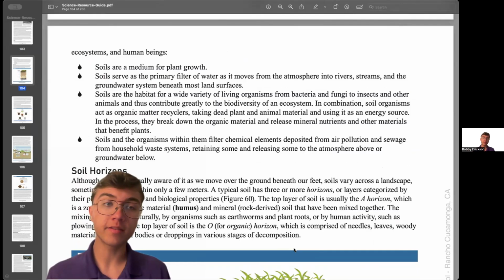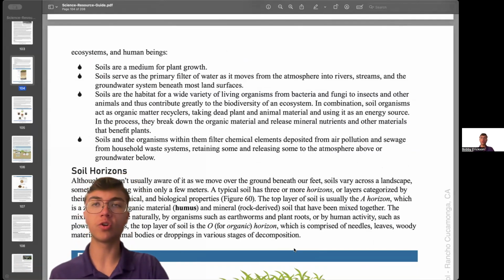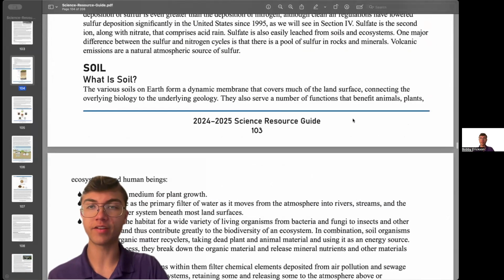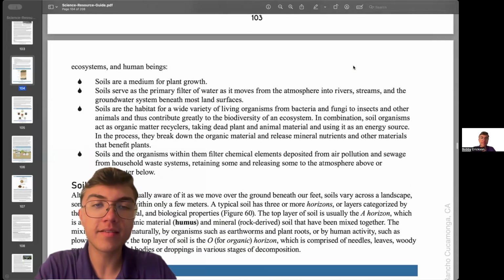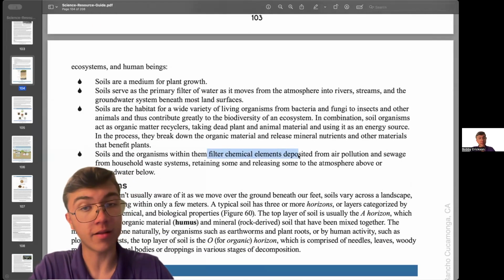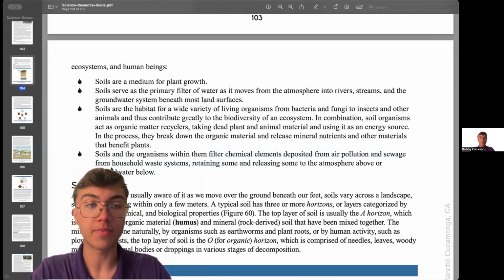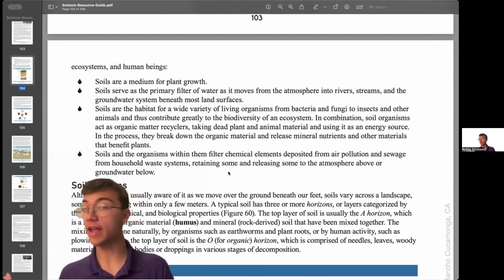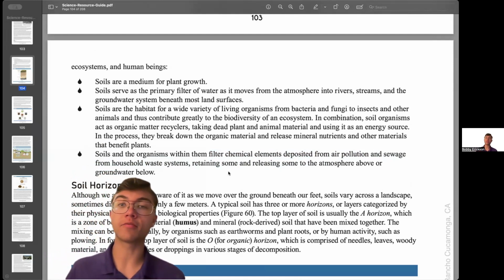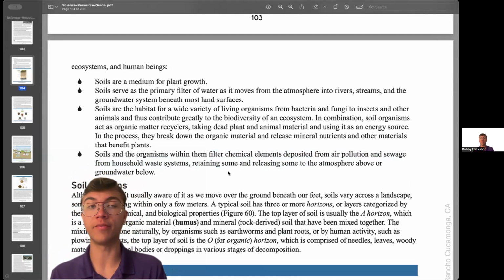So, as we were saying, there's one more way in which soils can connect the different functions of animals, plants, ecosystems, and humans, and that is that they filter chemical elements deposited from air pollution and sewage from household waste systems. This actually retains some in the soil and releases some to the atmosphere above or the groundwater below.